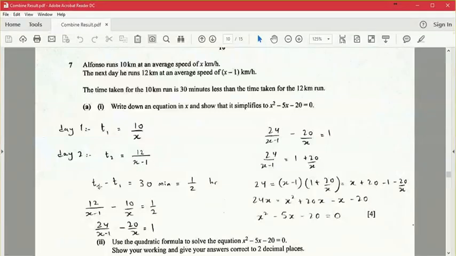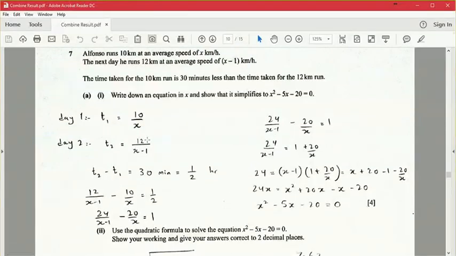And we have the equation t2 minus t1 equals 30 minutes, because t2 is greater than t1 by 30 minutes, which is half an hour. Remember to convert it to hours, because the question is in hours, kilometers per hour.